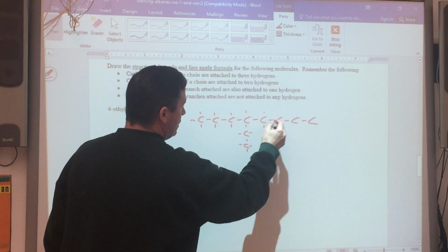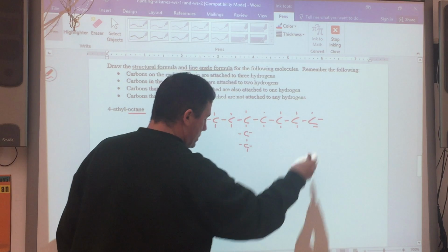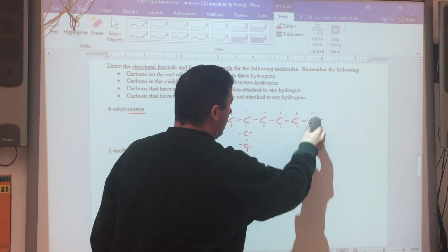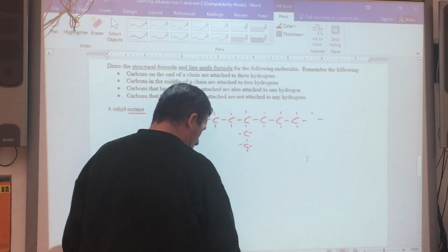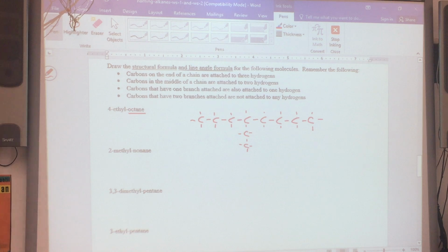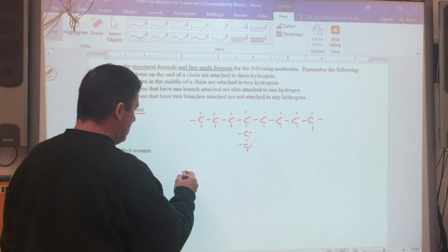And each carbon should have how many around it? Each carbon should have 4 lines around it. There's your 4-ethyloctane. Okay? I drew it a little big. Let's do one more. 2-methylnonane.